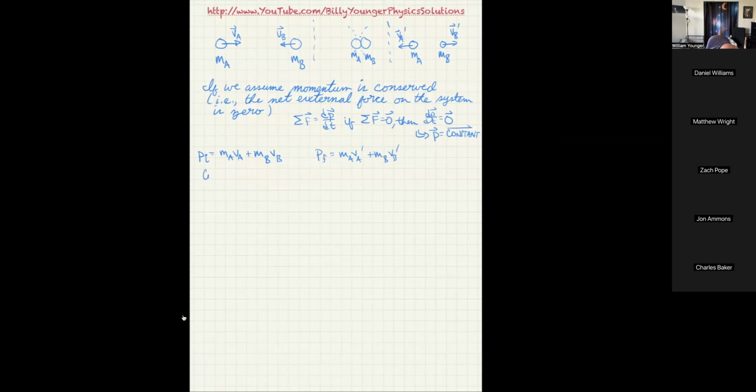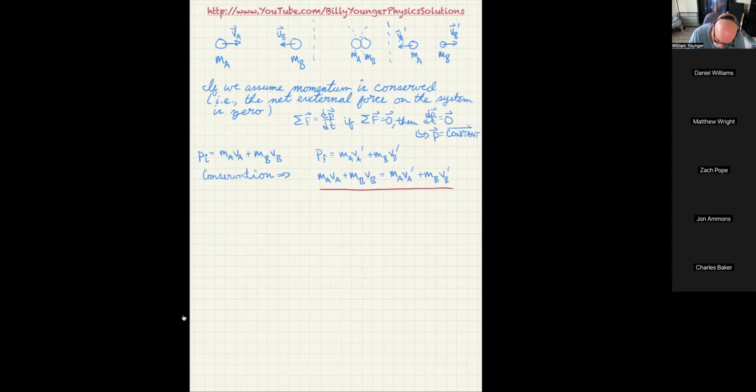So conservation demands that MAVA plus MBVB is equal to MAVA prime plus MBVB prime. So this is very important. This is the equation for a one-dimensional collision in which momentum is conserved.